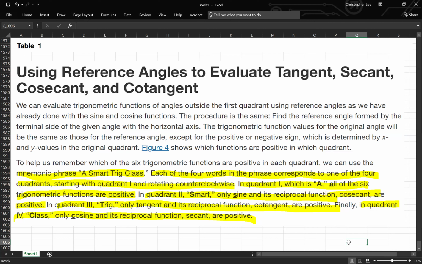The trigonometric function values for the original angle will be the same as those for the reference angle, except for the positive or negative signs, which is determined by the X and Y values in the original quadrant. Figure 4 shows which functions are positive in which quadrants.